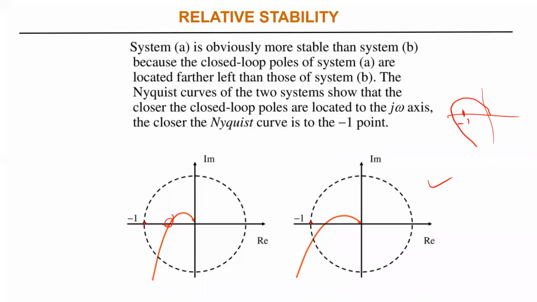Let me also relate this to the time domain, because the time domain is what's important to us. We do the design in the frequency domain, but ultimately we are living in real time, so we should know the time domain. Let me compare those situations.